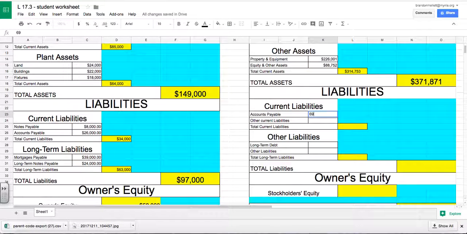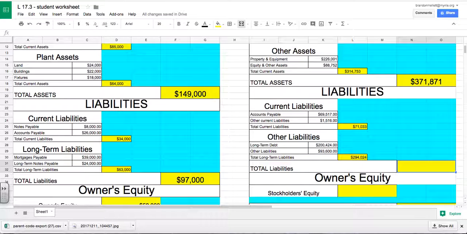Second part of this, total current liabilities, $71,033. And for other liabilities, or long term, we'd be at $294.24.